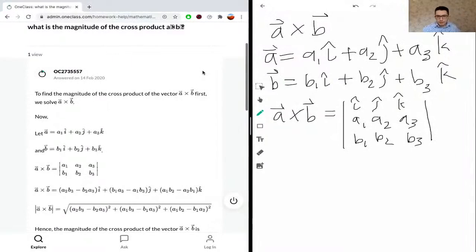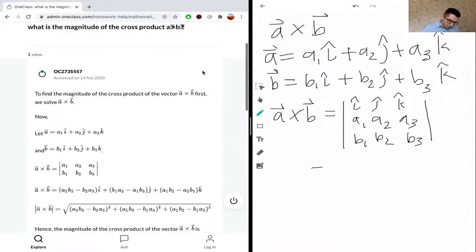Putting it in this kind of matrix will help us derive the formula for the magnitude. To start off, we want to solve for each component of the cross product: the i component, the j component, and the k component.